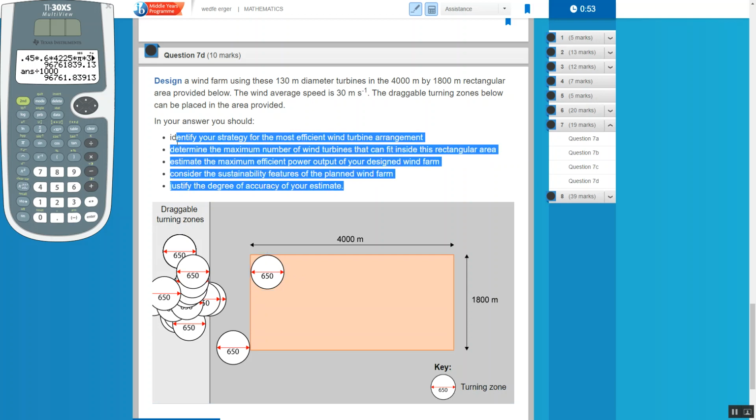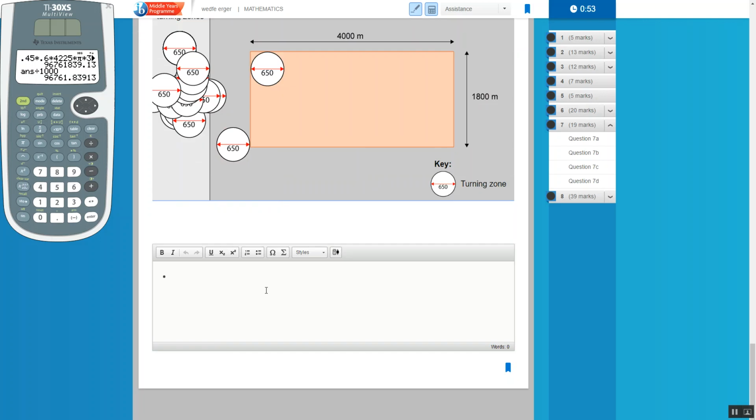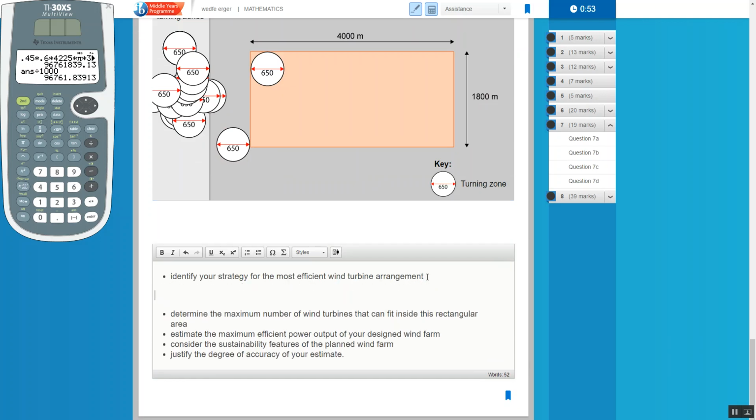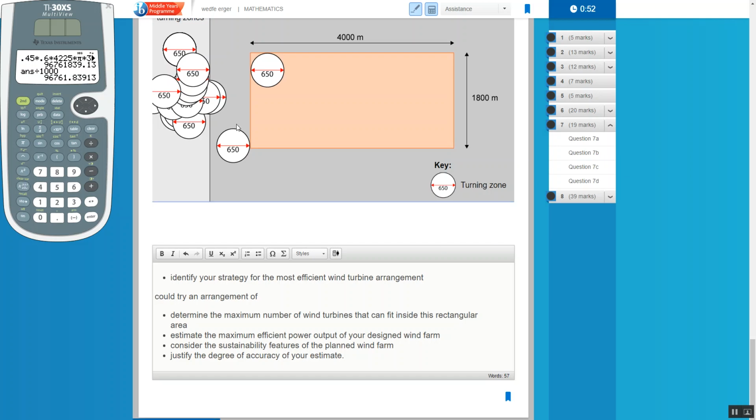So let's copy and paste so we don't miss any points. Okay, so identify the strategy. So try an arrangement of, let's see how many of these we can fit in.